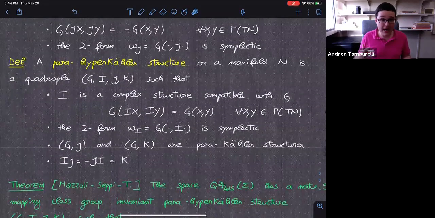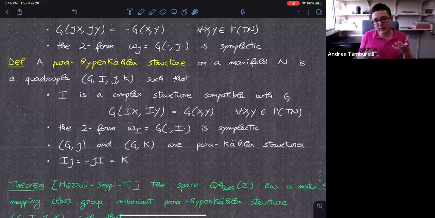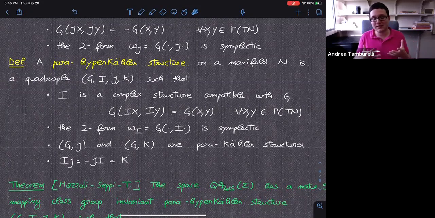And then we have a para-hyperkähler structure, which is a quadruple (g, I, J, K), such that I is a complex structure compatible with g. So this means that I acts like a rotation for the metric g. The two-form omega_I is symplectic. So if you want, this means that the pair (g, I) defines a sort of pseudo-Kähler structure where the metric is not a Riemannian metric, but is a metric of signature (n,n), but it has the same properties as the usual Kähler metric in a complex manifold.